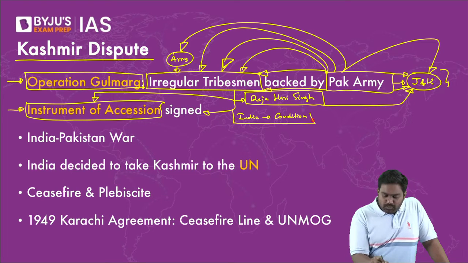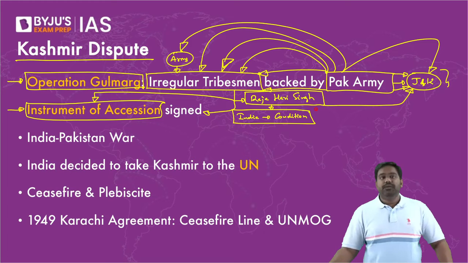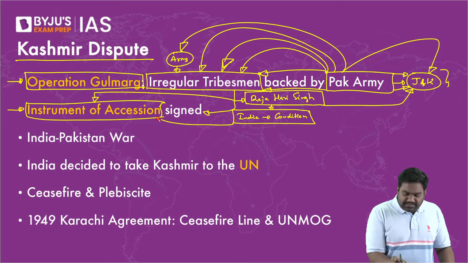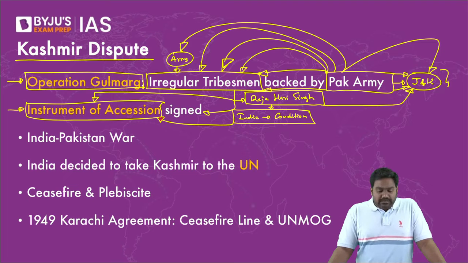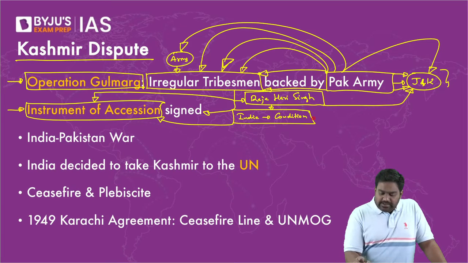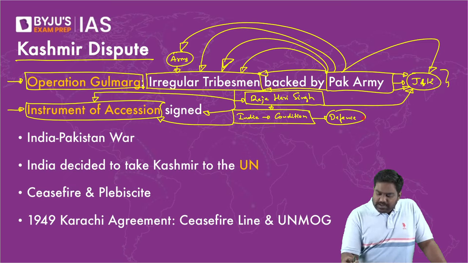India's condition was that Raja Hari Singh has to give up his claim. He has to sign the instrument of accession, merge J&K with India. If he agrees to the accession of J&K into India, then India will come to the defense of J&K and fight this war against Pakistan.